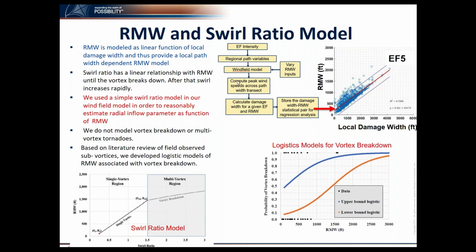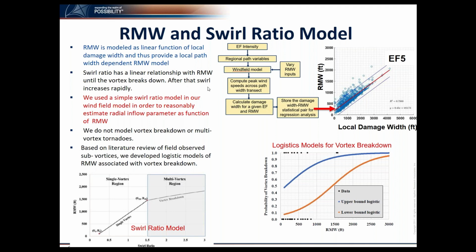Basically we used our model to simulate tornadoes with variable RMW inputs, and then from that model we extract the maximum damage width and create a relationship between RMW and local damage width.